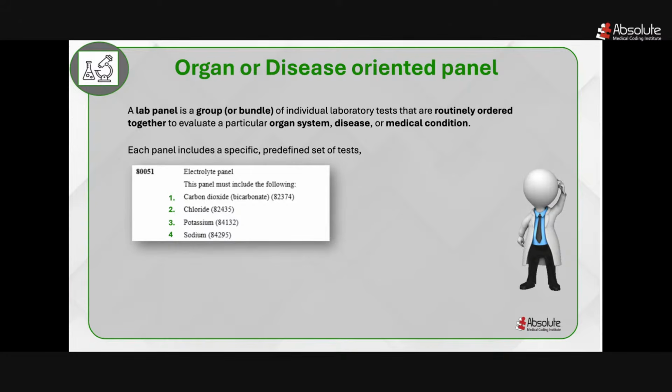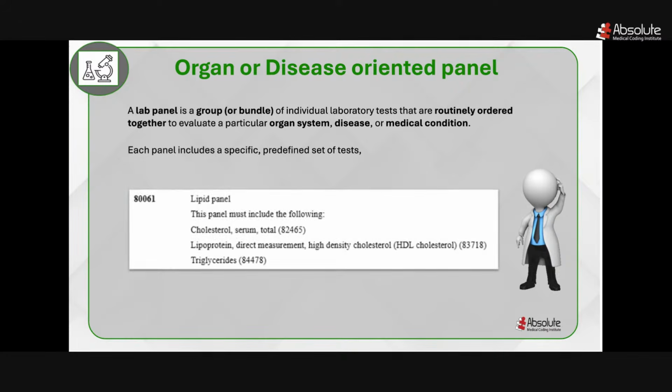Now, how about a lipid panel? How many tests are included in a lipid panel? What do you say, coders? Yes, there is cholesterol serum total, there is lipoprotein, there's triglyceride.